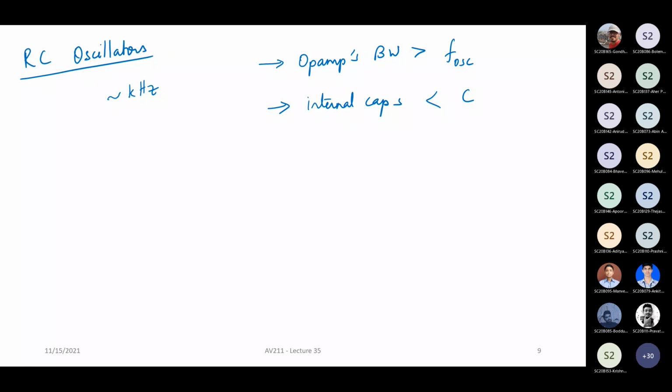Now, if you want oscillators which work at much higher frequencies, we cannot use these RC oscillators because your op-amp's bandwidth will come into the picture. Your op-amp's slew rate will also come into the picture, because we looked at slew rate, right? So we need to use a different class of oscillators, which are called LC oscillators.